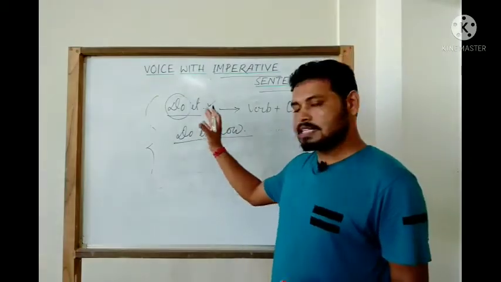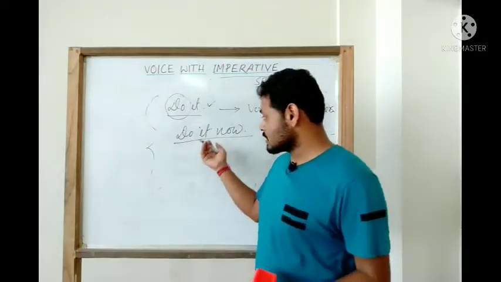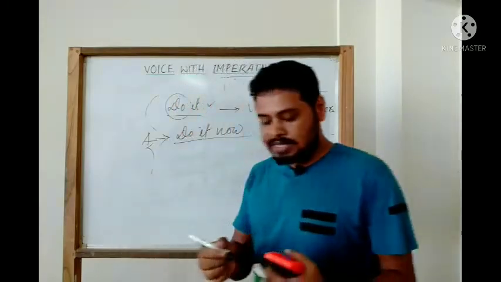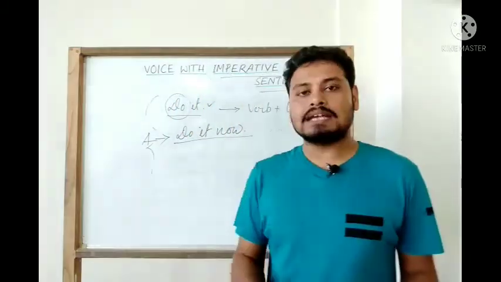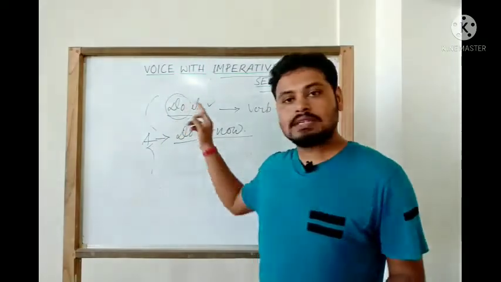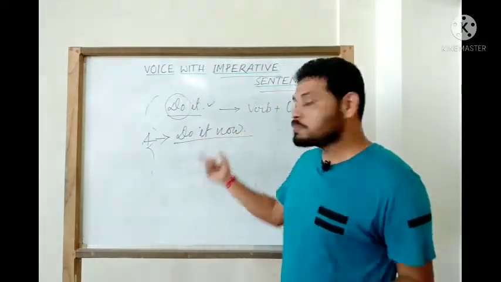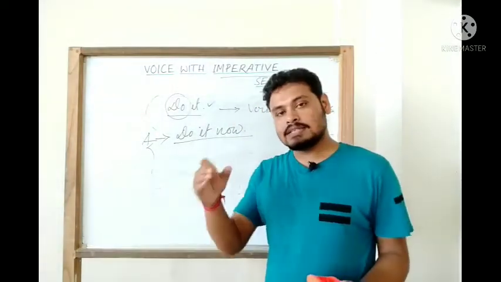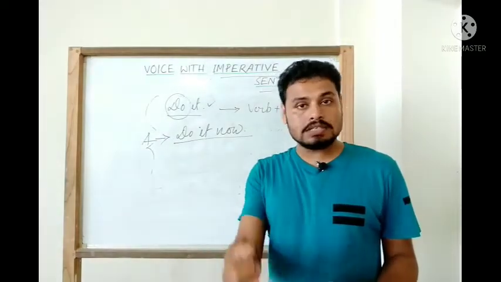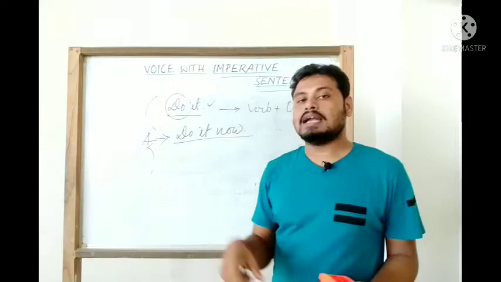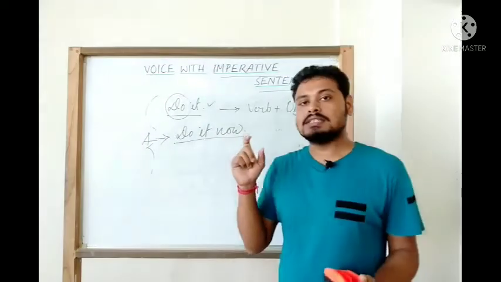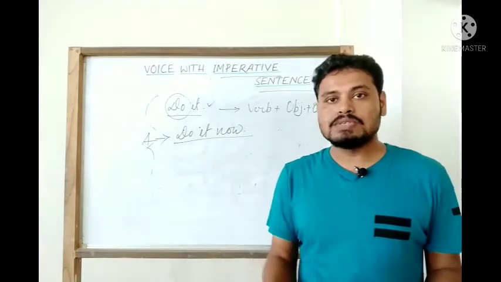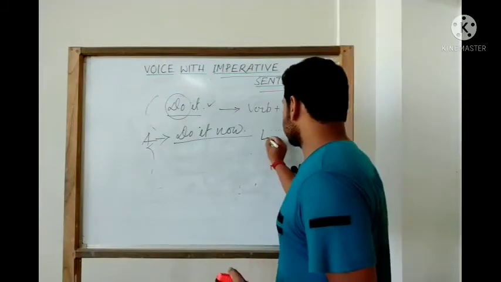So how to change this from active to passive? This one is active. Now the thing is that if you have an imperative sentence that starts with a verb and has an object with that verb, then we have to change these active sentences to passive by using a let to it.